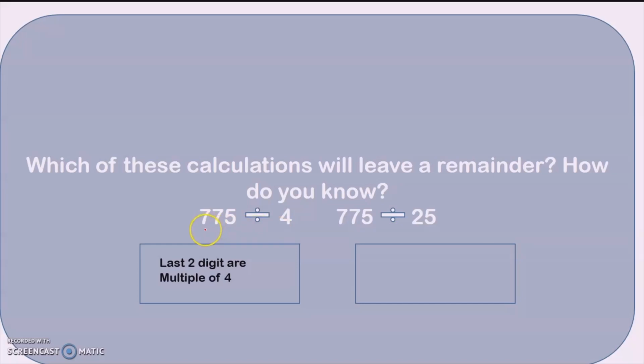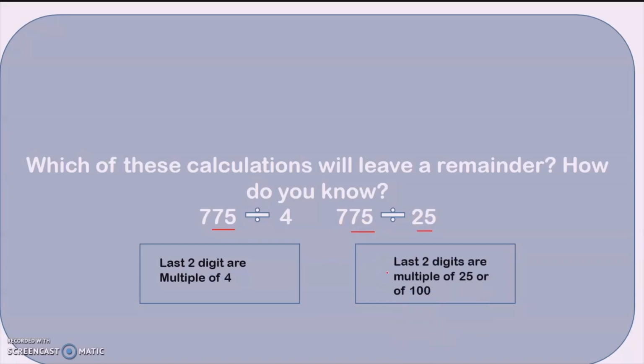So just have a look at 775. Are the last two numbers a multiple of 4? It means if you divide 775 by 4, you will get a remainder because the last two digits are not a multiple of 4. Now let's have a look at these two digits and the divisor.